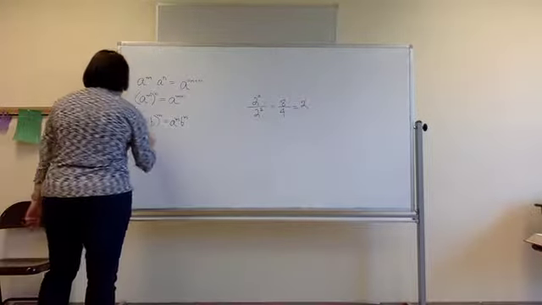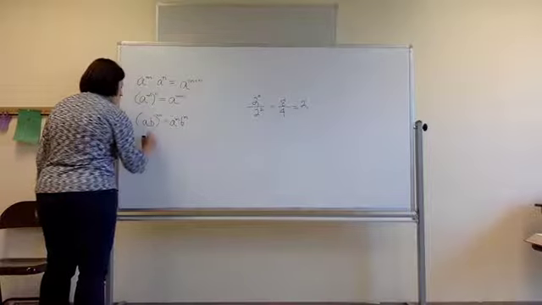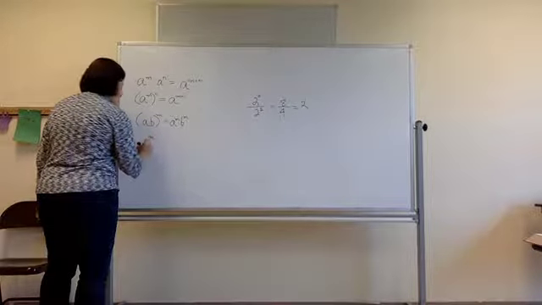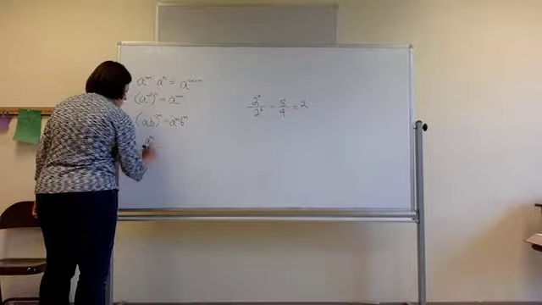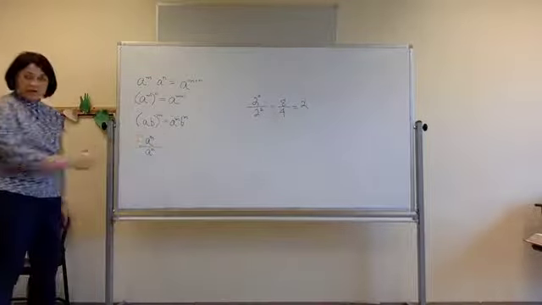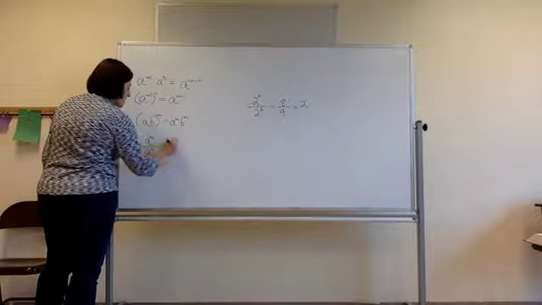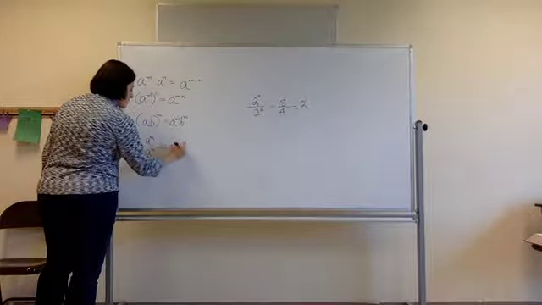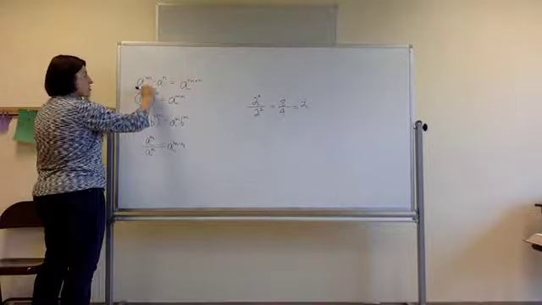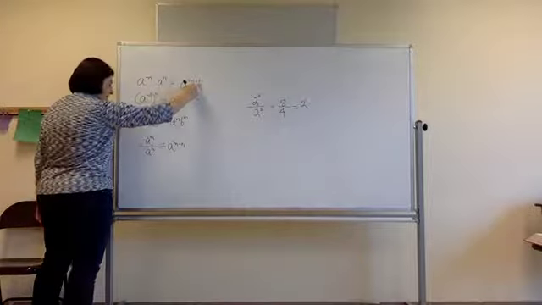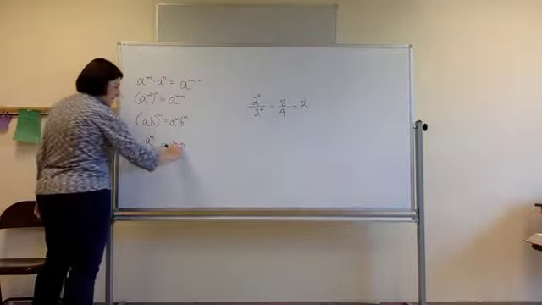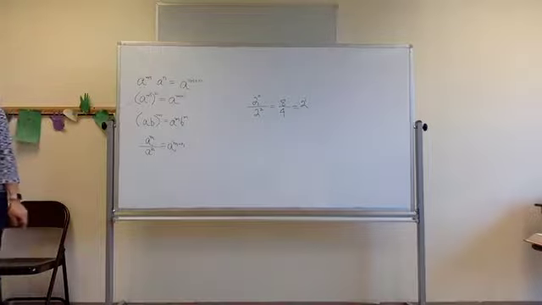This is the property that goes with that, and they're going to go into this a lot more later. If I have two things with the same base that are being divided, the exponents end up being subtracted. Just like when I'm multiplying, I add the exponents; when I'm dividing, I subtract the exponents.